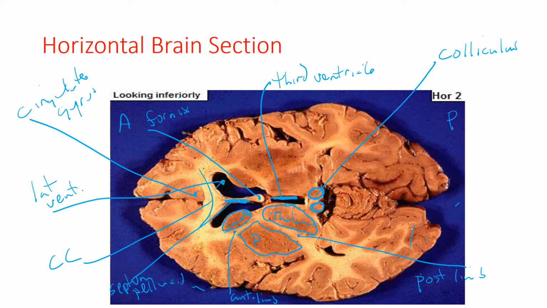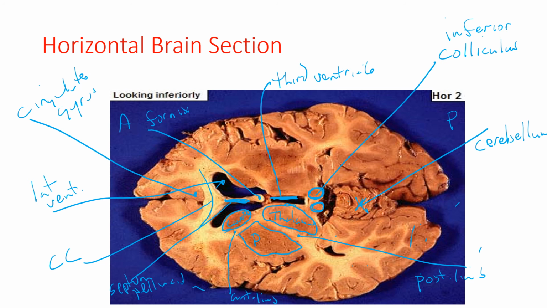So the last thing that we need to figure out is, are we looking at an inferior colliculus or a superior colliculus? And this is very, very easy to determine, because if we see a cerebellum as we see in this image, we know that this is an inferior colliculus.